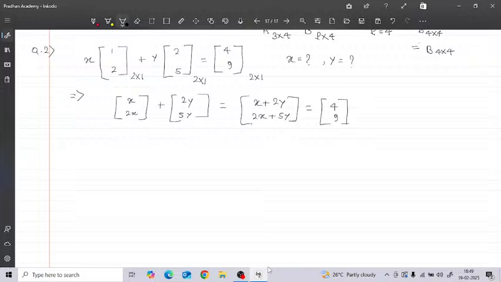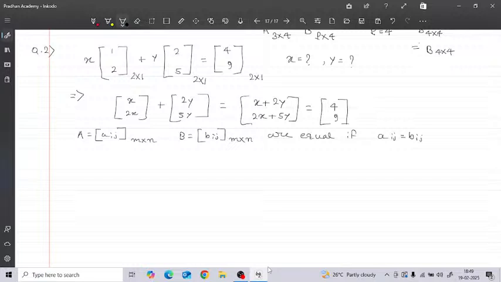It is given. Now two matrices are equal when their corresponding elements are equal, right? Say matrix A equals Aij of m cross n and matrix B equals Bij of m cross n are equal if Aij equals Bij.